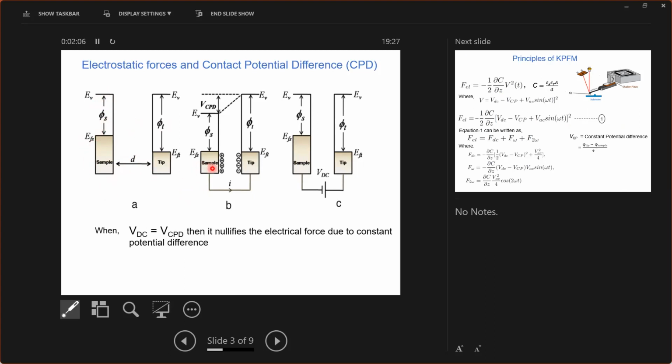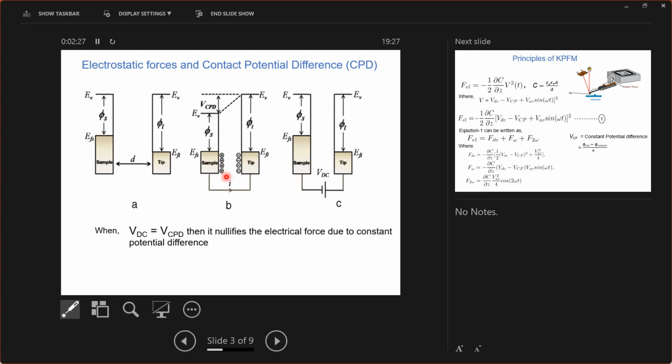Now if we bring them to a certain distance such that electrical conductivity happens through tunneling, then there will be electrostatic attraction. This will be a capacitance type of attraction, and now they will try to come to equilibrium.